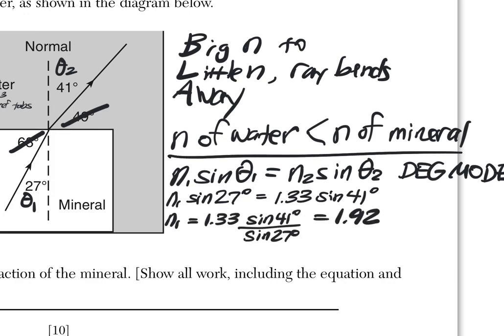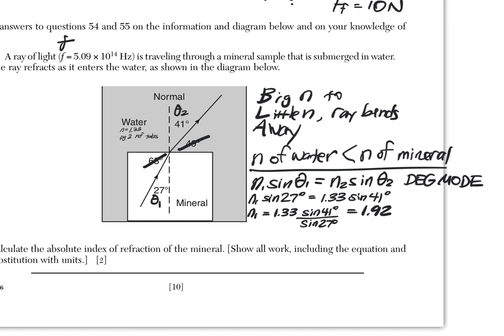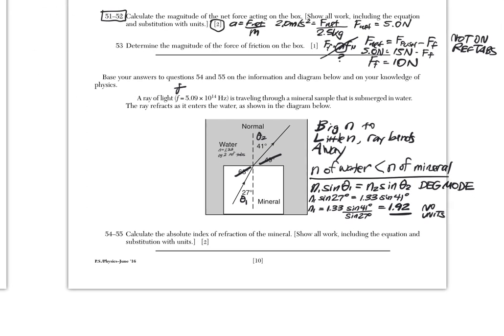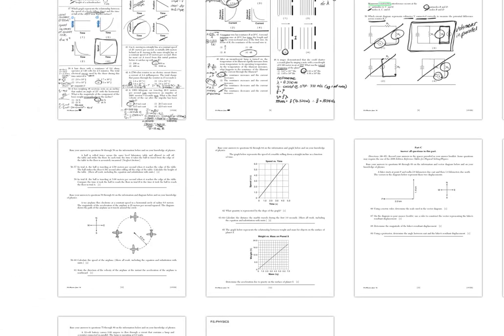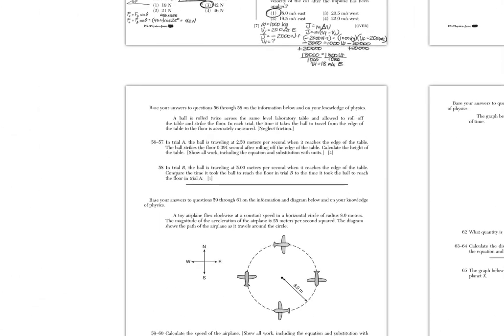And I got an index of refraction, which is 1.92. And there are no units for N. The units are not hertz. So there's 54, 55. All right. Okay, let's move on to the next question.